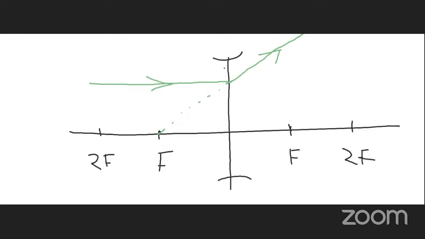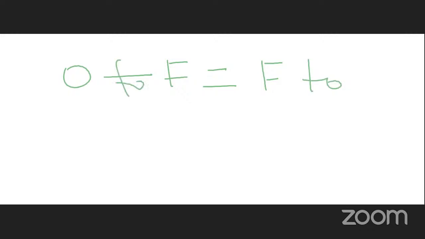If I can say this is O, where O is the optical center. Is that okay? What I'm saying is the distance from O to F is equal to the distance from F to twice F. Clear?